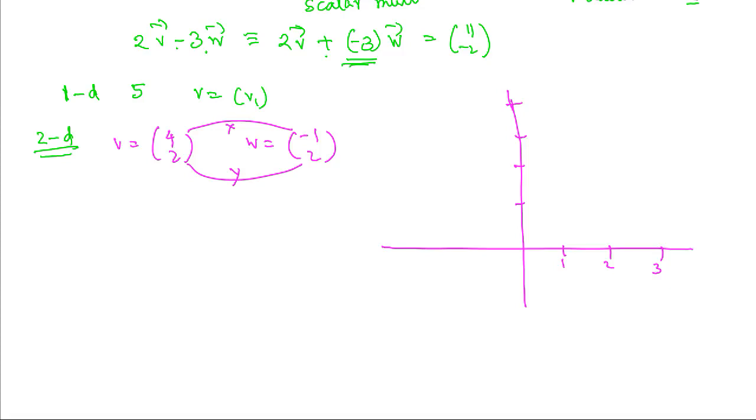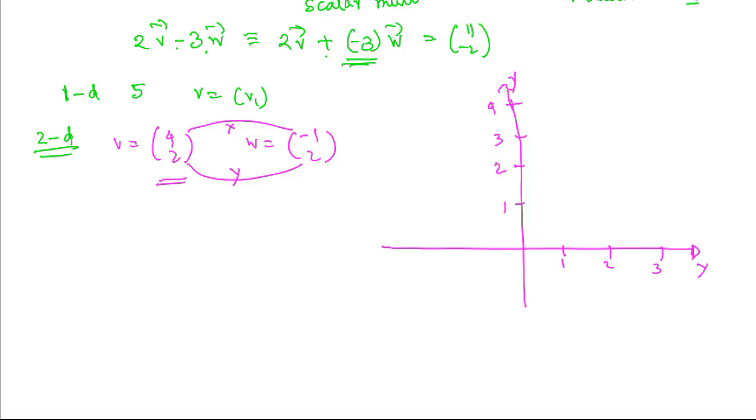So now let's talk about the first vector. How do we represent V? We represent it as, first 4 is x and 2. So this is the y-axis and this is the x-axis. Because it's 4 and 2, we need to go 4 steps to the right.